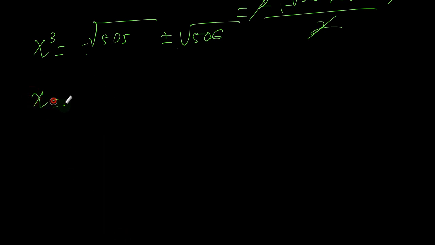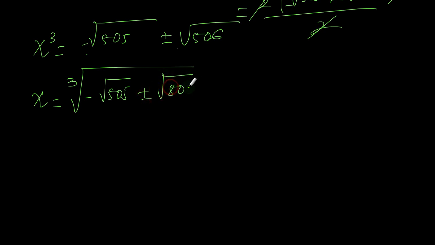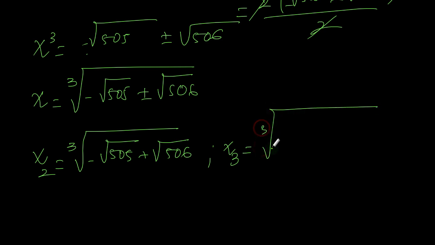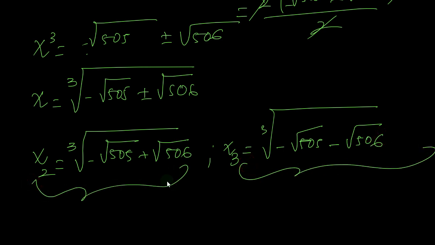This is actually, x will be equal to cubic root of minus square root of 505 plus or minus square root of 506. This is 506, right? So our x2 is equal to cubic root of minus square root of 505 plus square root of 506, and then our x3 is equal to cubic root of minus square root of 505 minus square root of 506. Okay guys, so these are our solutions.